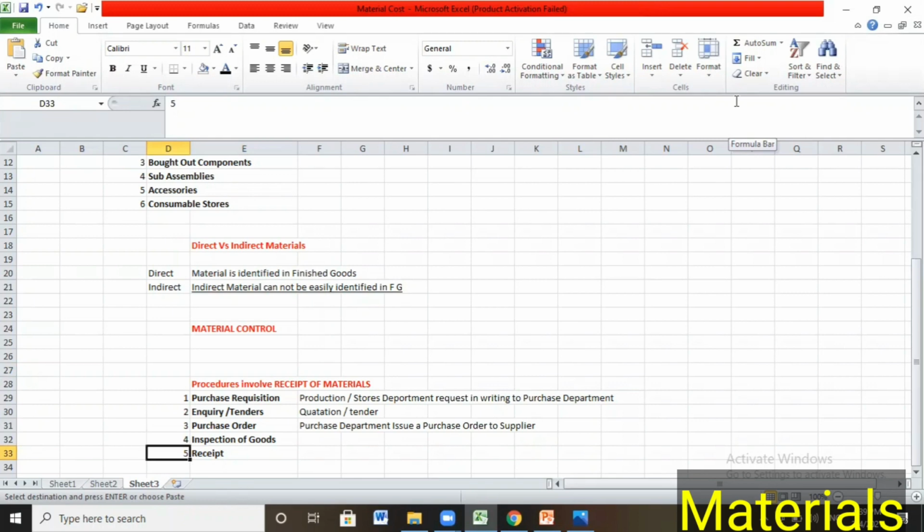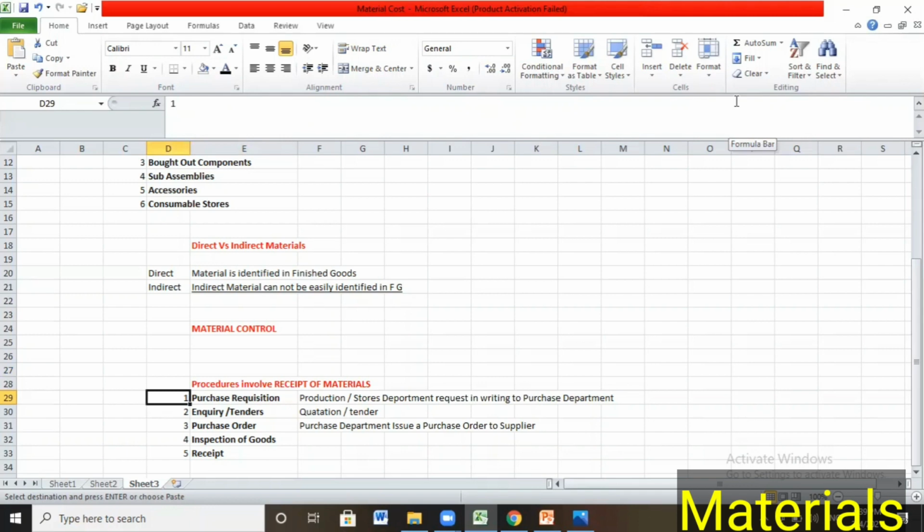This procedure is done by the production department. The purchase department needs to be approached by the production department. The purchase department does not purchase any material on its own.